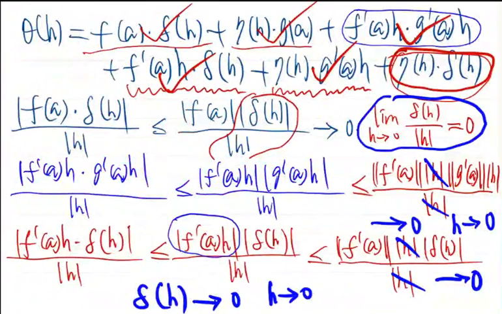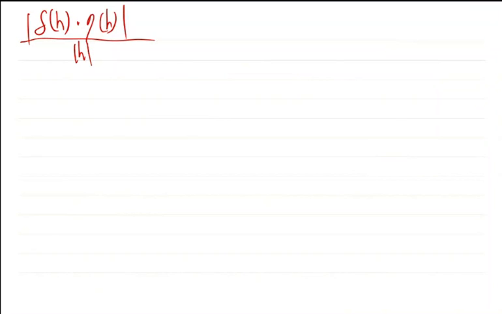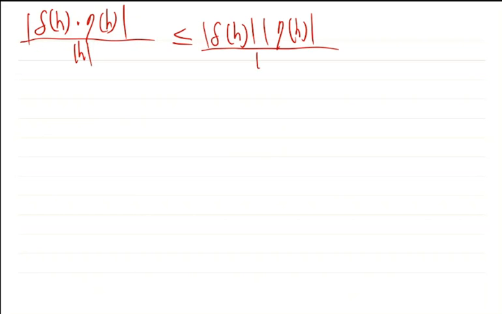Let's see. The last term is delta h eta h. This will not be greater than the norm of delta h times the norm of eta h divided by h.